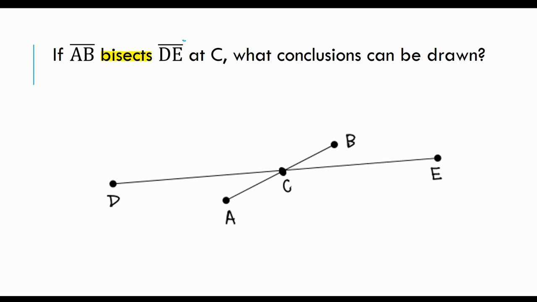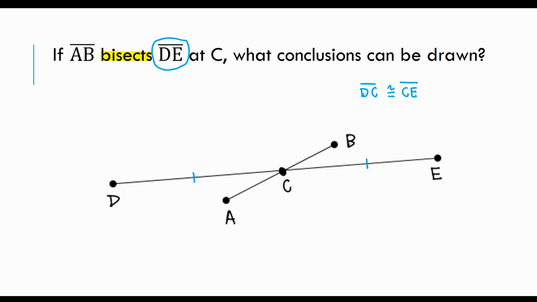Notice that what's being bisected comes after that vocabulary word. So it's the segment DE that is being bisected. So if we look at our picture, we can mark that up. If it's being bisected at point C, that means that the segment DC and the segment CE are going to be congruent. So segment DC is congruent to segment CE.